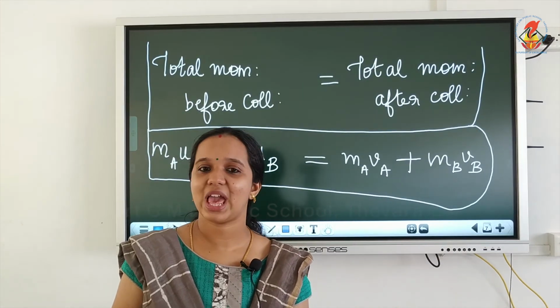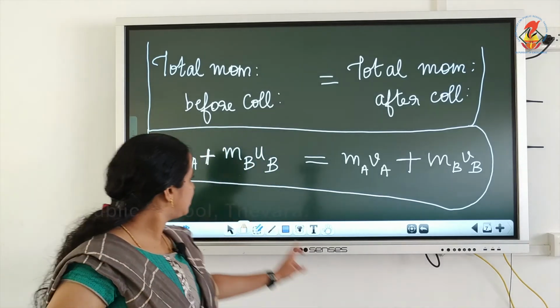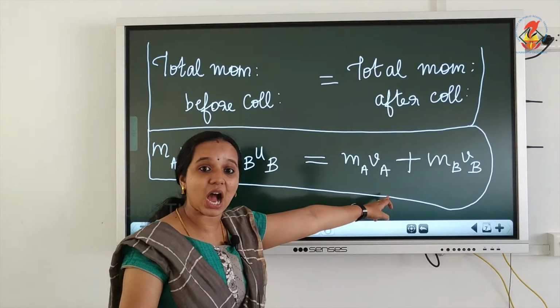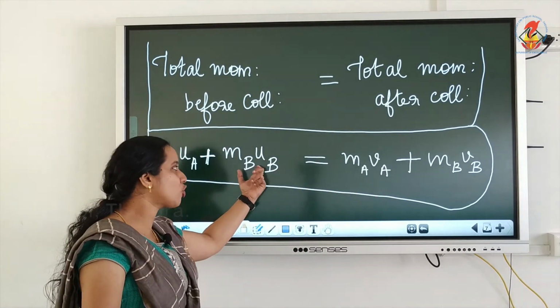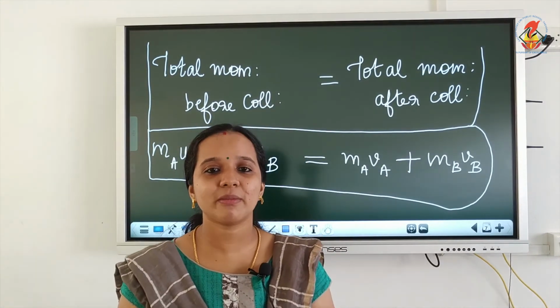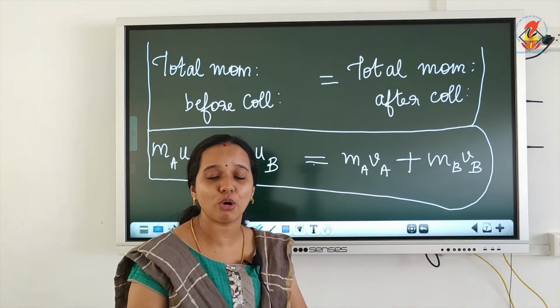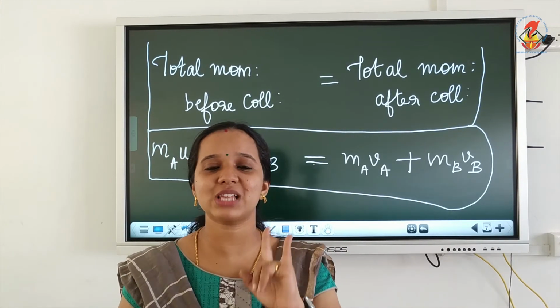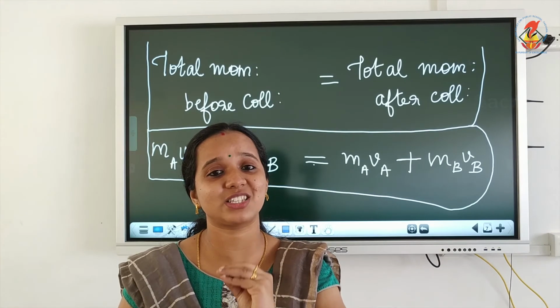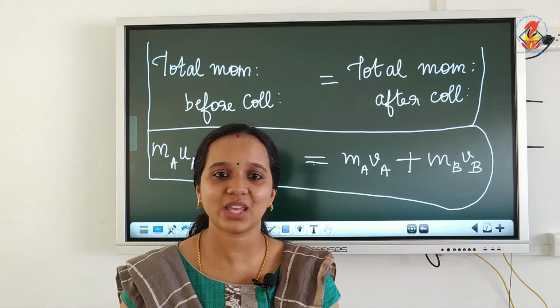If no external force acts on a system, the momentum remains unchanged. Before collision and after collision, the momentum remains the same. It will be equal if no external force acts on it, or if the system is isolated, its momentum will remain the same.